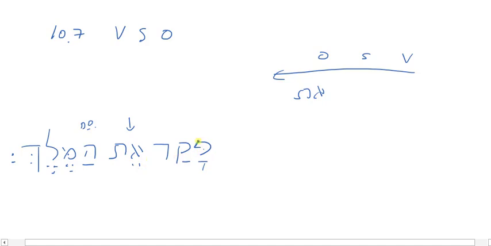Now, what if I wanted to say he didn't appoint or visit the king? What do I do? Yes, we use a little negative particle called lo, and it's going to be spelled usually this way. Lamed, Holam, Aleph, lo. It can be spelled this way with a Holam Vav, and you remember the difference between a Holam Vav and a Holam is a spelling difference. What do we call the one without the mater?